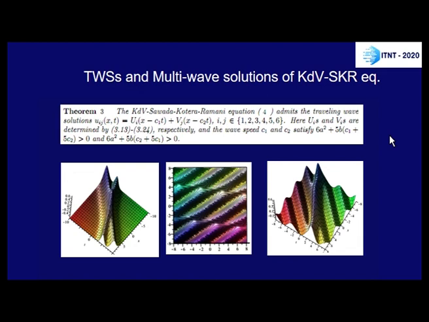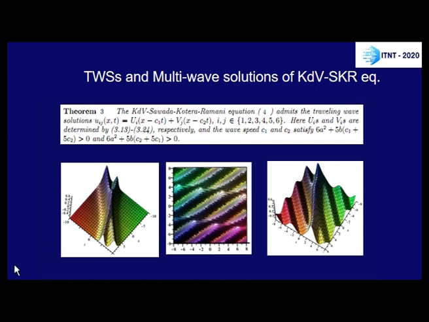That is, this equation admits the traveling wave solutions Uij, a sum of Ui plus Vj. Here Ui and Vj are determined by the formulas we just presented, and c1, c2, the wave speeds, satisfy two conditions.